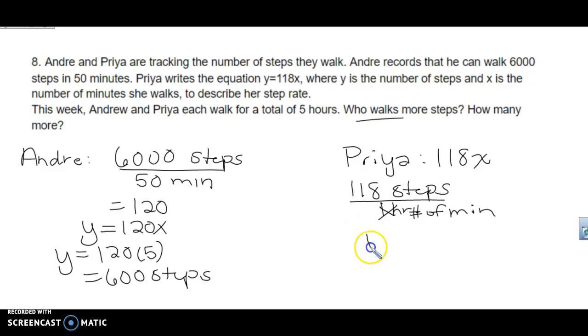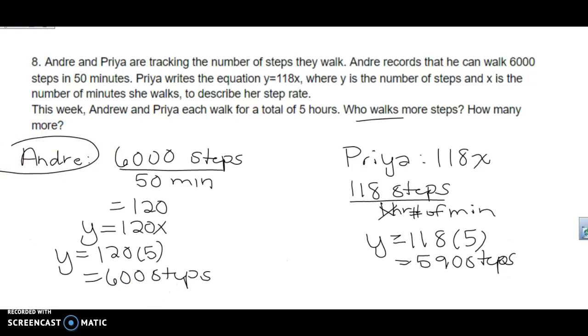And then over here in this equation, we're going to do y = 118 times 5. And that's going to give us 590 steps. And so it asks who walks more. Well, Andre is going to walk more. And if we look at the difference between 600 and 590, he's going to walk 10 more steps.